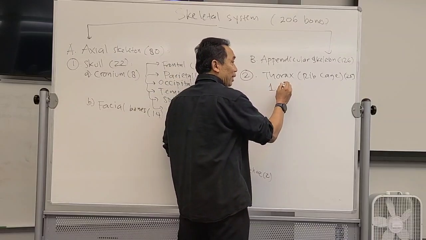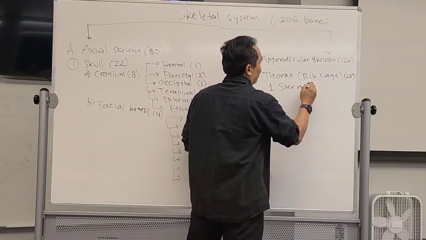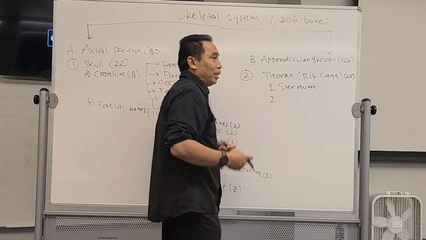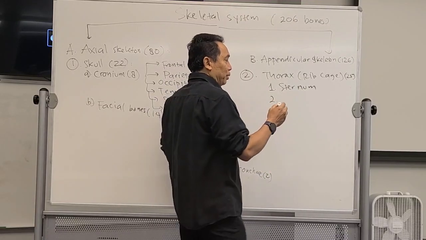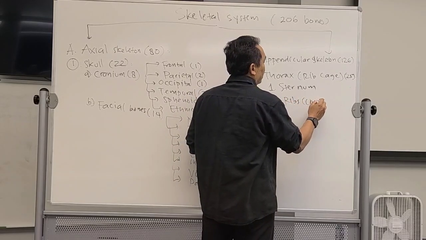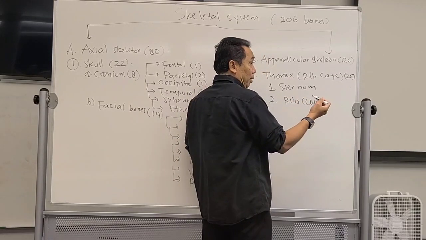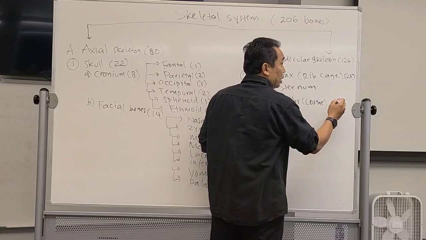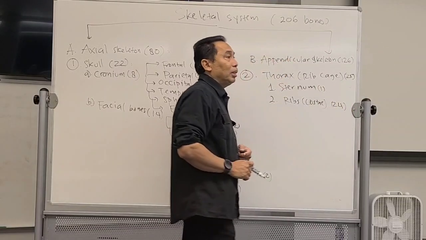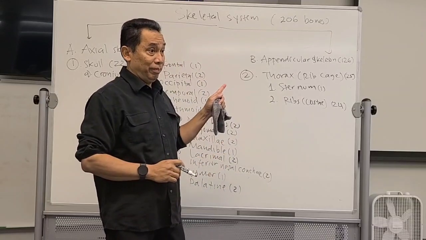Breastbone, what do you call it? Sternum. Okay, and then the second group will be 24 ribs. Ribs or costae, that's the scientific name, which is 24. The sternum is 1. Total 25.